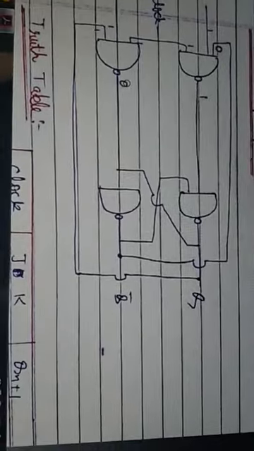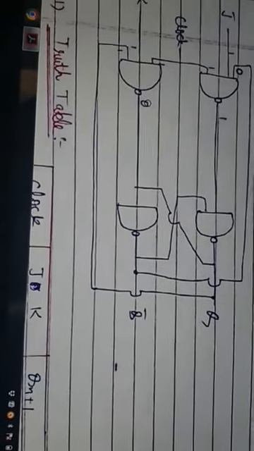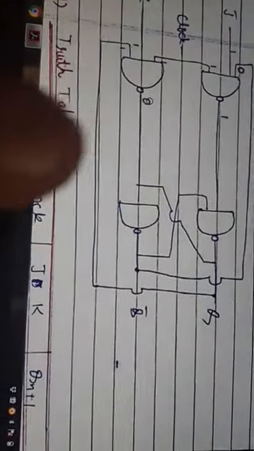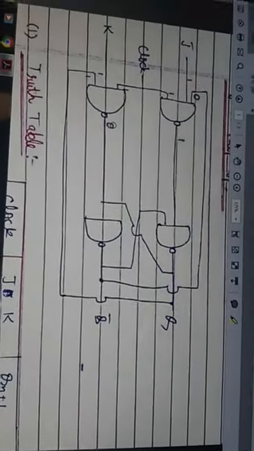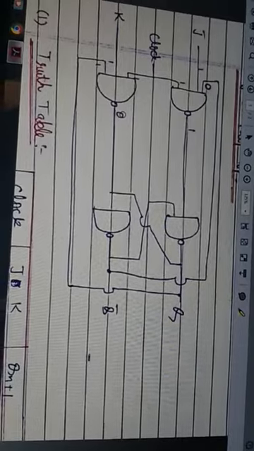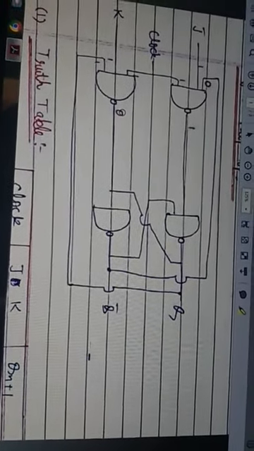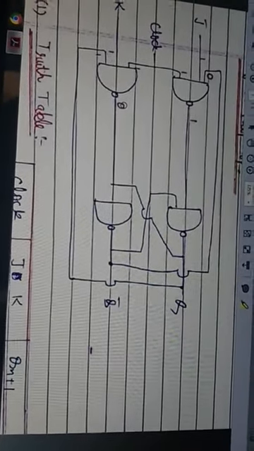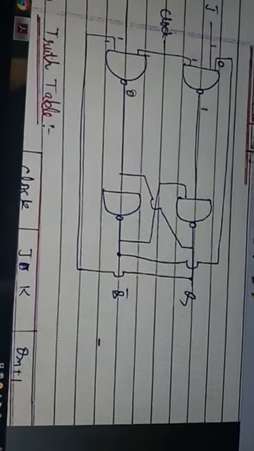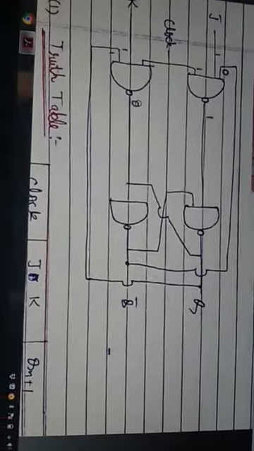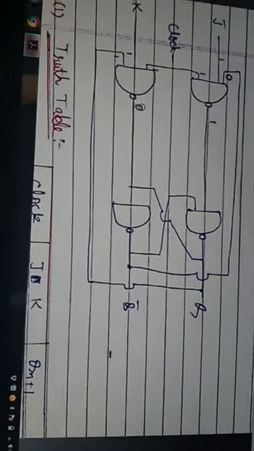If Q bar is 0, then S 0 and R 0 means no change. But if Q bar is 1, then S 0 and R 1 means reset, and the output will be 0.